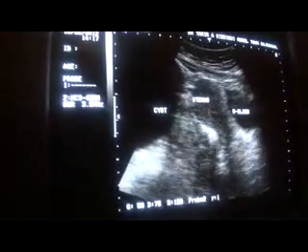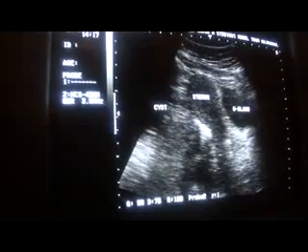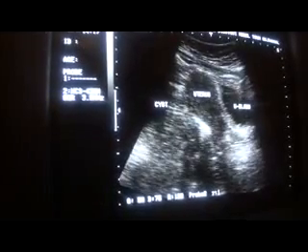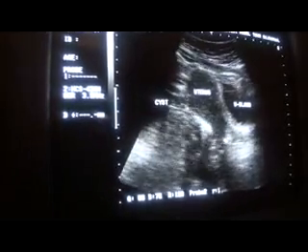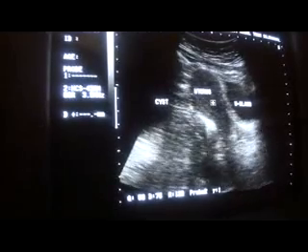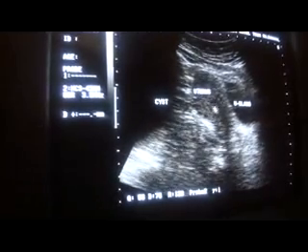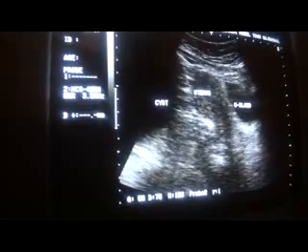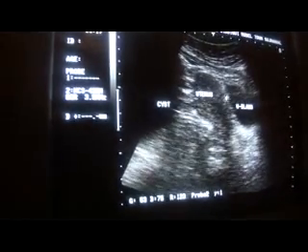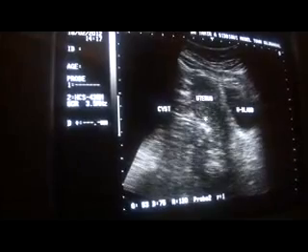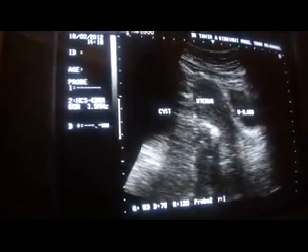However, in this view, first of all I am informing you this is the cervix, and this is the endometrial canal. This is the fundus of the uterus. This is the anterior segment. This is the posterior segment.